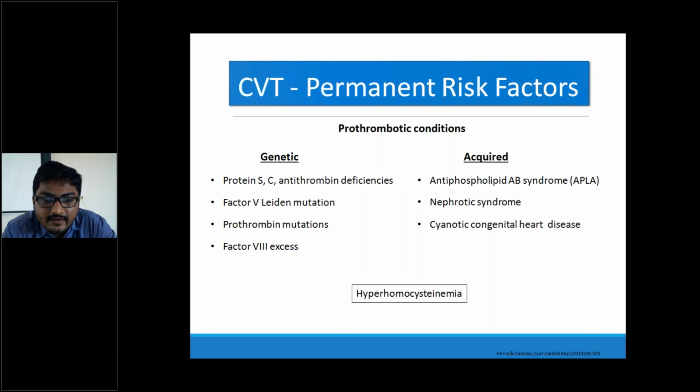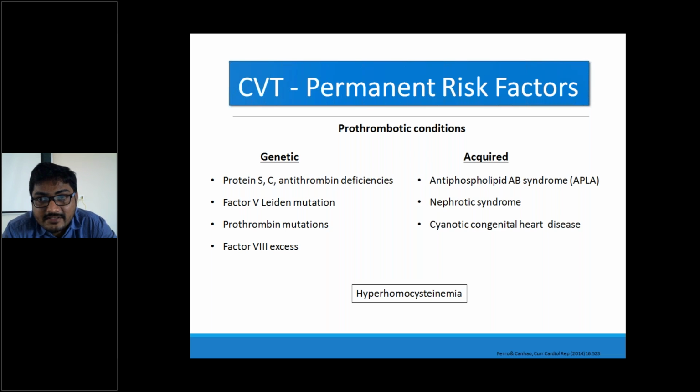Biochemistry, first year. What are the enzymes responsible for homocysteine metabolism? What are the next enzymes responsible? Okay.